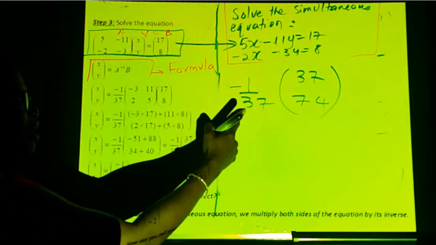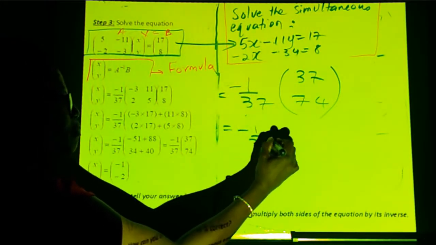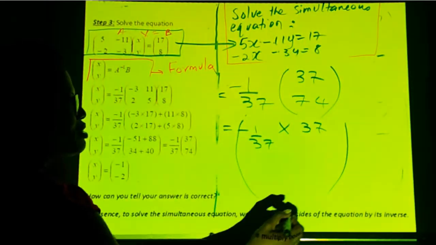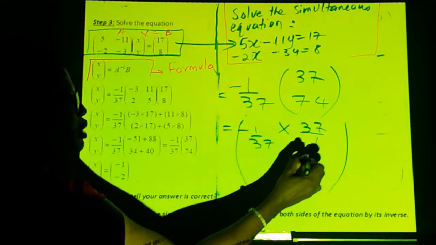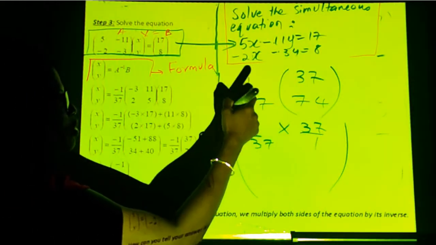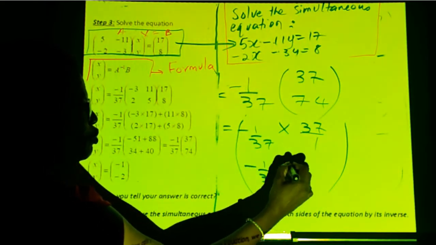This is a scalar. So we are going to be multiplying negative 1 over 37 by each element in the bracket. So that's the top value. And you know 37 is the same as 37 over 1. And negative 1 over 37 is to be multiplied as well by the 74.